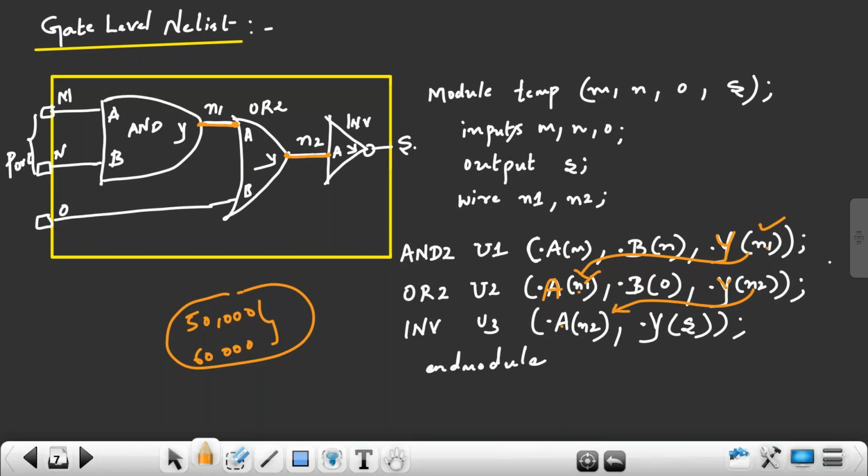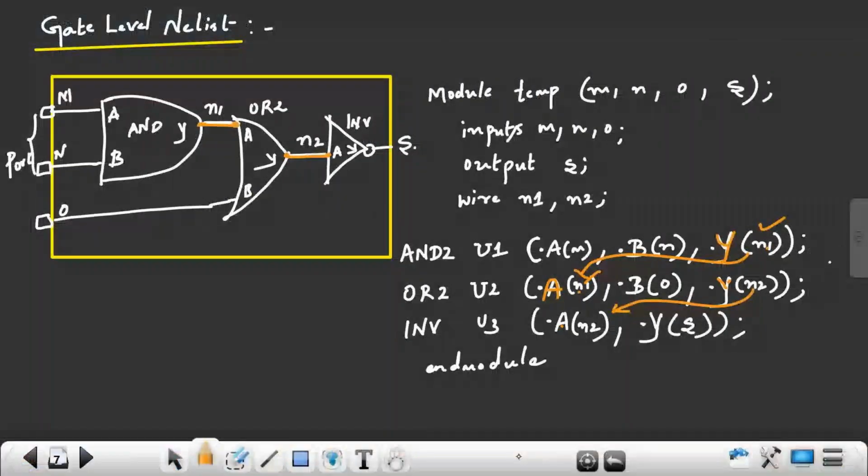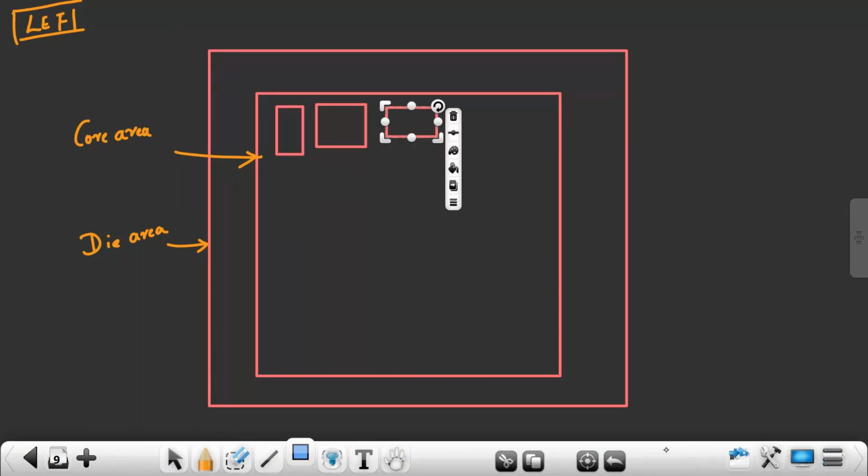But what does industry work with? You will be having 25 lakhs cell count. So in this core area, we are going to place 25 lakh cells. I am not going to place them, my tool is going to place them. This is done only in the placement stage.